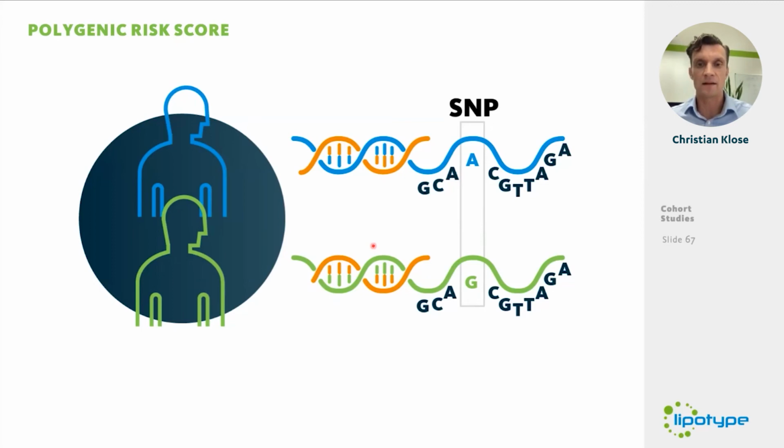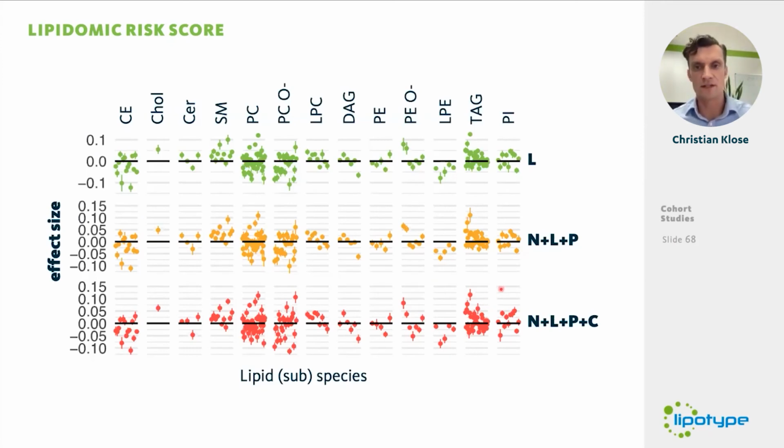And that is why this risk score, because many SNPs are involved, is called a polygenic risk score. So with lipids, we can do a similar thing. We determine which lipids actually are associated with developing diabetes in the future. This is shown here. And we use these to calculate a lipidomic risk score in the same way as it's done for polygenic risk scores for each individual in the study.